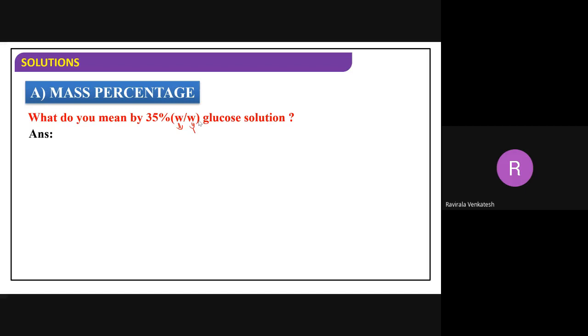The meaning of 35% W by W is that the solute you are taking is in grams, and the solution also you have to take in terms of grams only. That is very important.